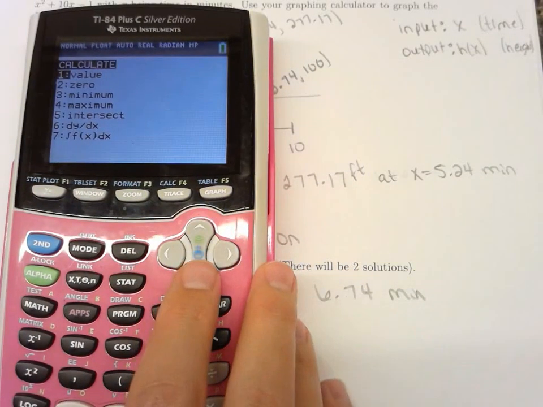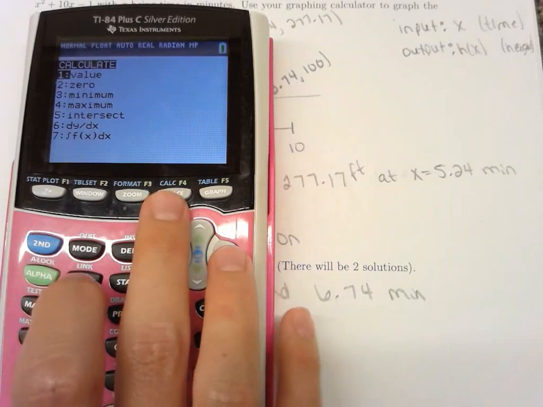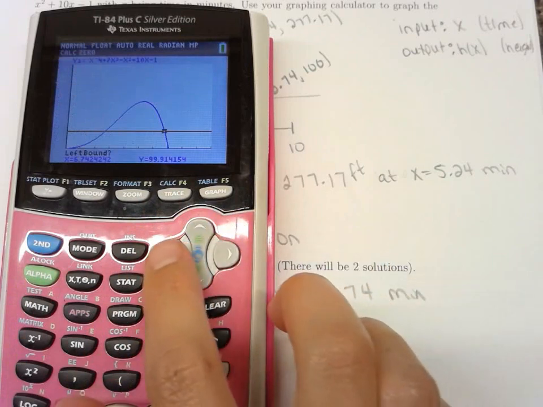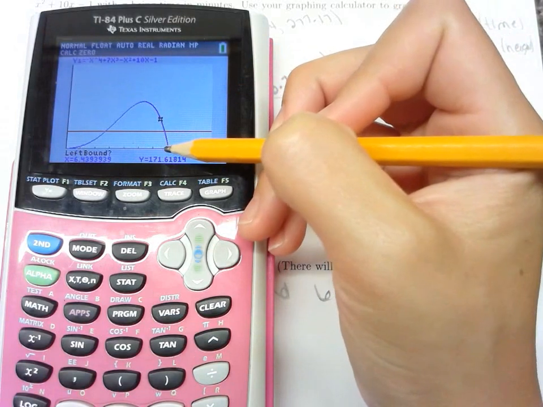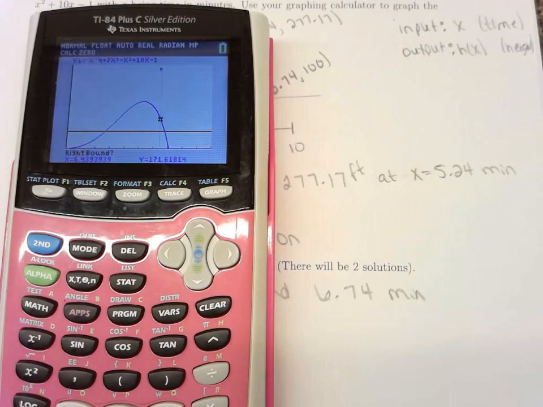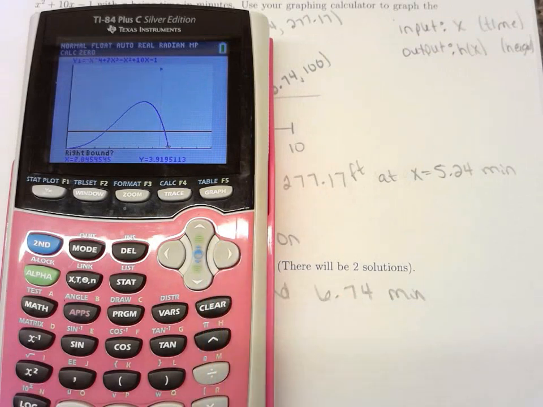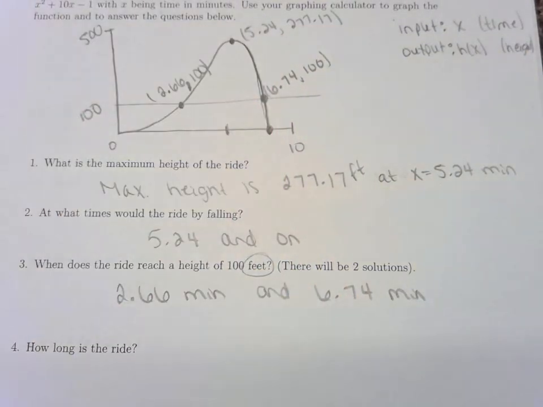So I went to second, calculate, and I'm going to go down to 0. I want to be on the left of this 0 here, where y is 0. Now I want to go to the right and guess. Oh, no.